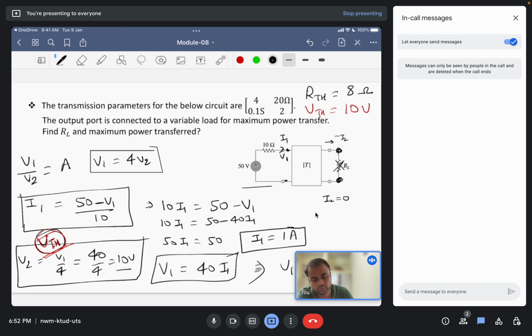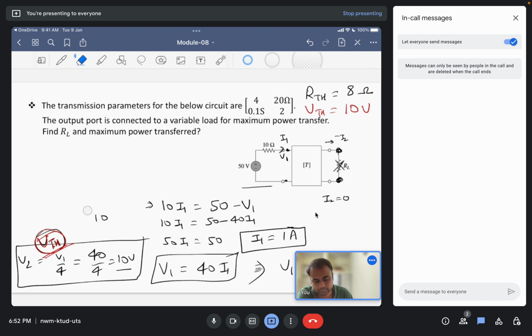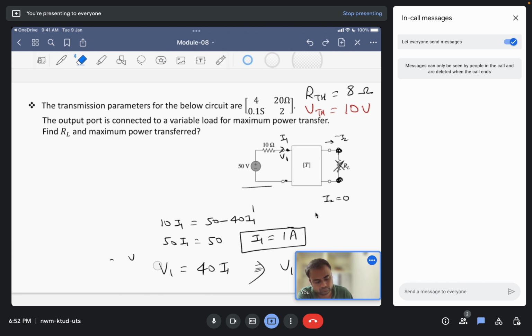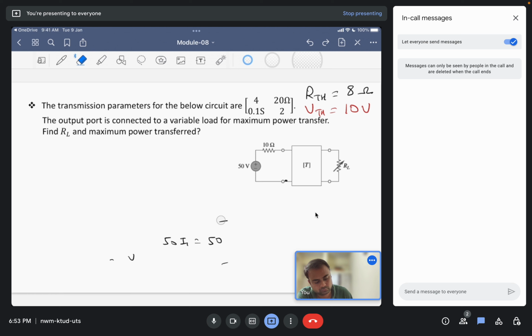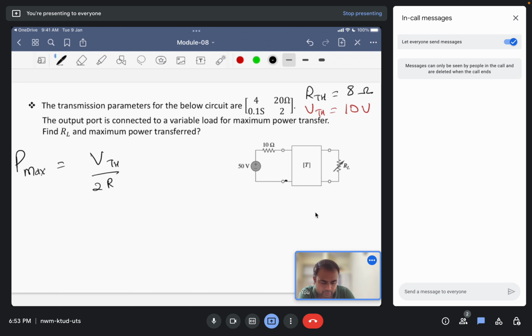So we already know the formula for maximum power transfer theorem. The Pmax, that is power for maximum power transfer theorem, is (VTH by 2 RTH) squared times RTH, where RTH is the load resistance R. So VTH is 10, by 2 into 8, squared, times 8.